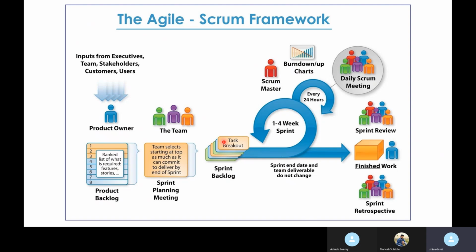When a task is broken out with respect to time frame, it is called a sprint. On one sprint they will work for 1 to 4 weeks, or maybe multiple sprints, and every day they will have a meeting about what they have implemented and what they have to review, and they will consult with the product owner and finish that work.